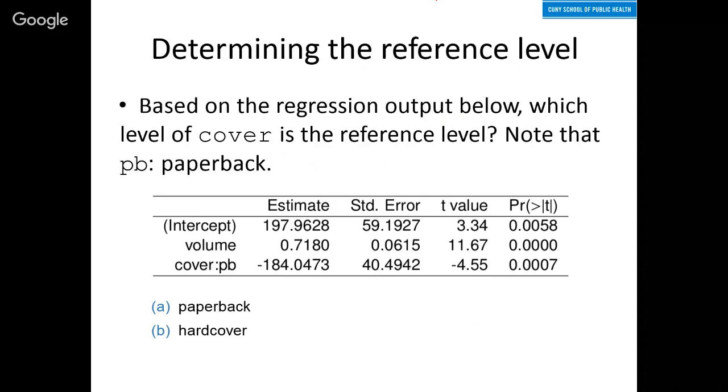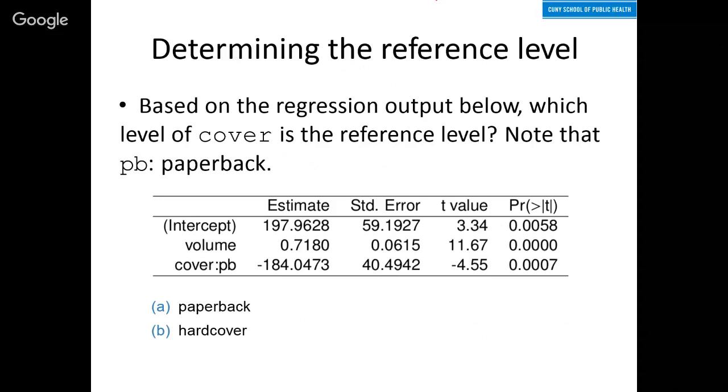The reference level is like your base level. If you're talking about a clinical trial, it is your control group or your placebo group. If you're talking about sex, it would be male or female, and it would be arbitrary which one is your reference group.